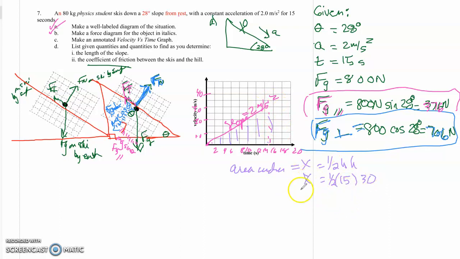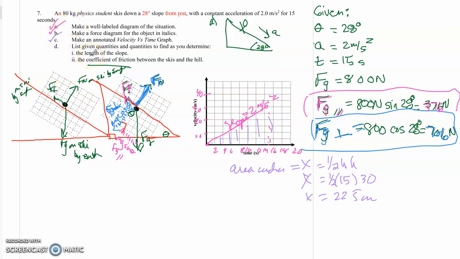So hopefully that comes out to be close to 225 meters. Okay. So I don't know if they even ask about that, but who cares? But we did do the graph, so yes.